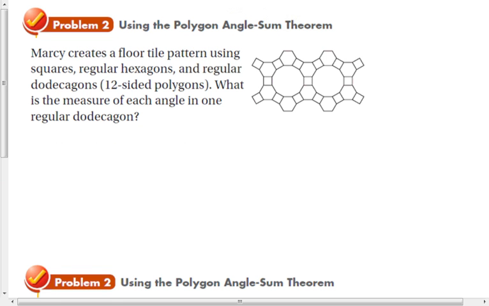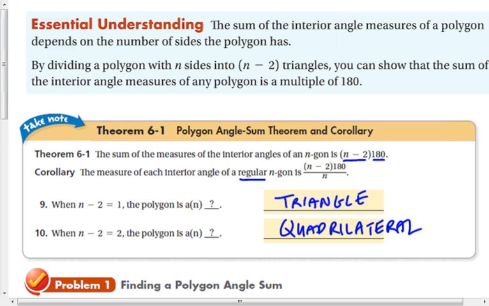All right. Marcy creates a floor tile pattern using squares, regular hexagons, and regular dodecagons, 12-sided polygons. What is the measure of each angle in one of the regular dodecagons? The formula for that, going back to the previous page, is this one. You need to find the interior angles and divide that by the number of angles, since all the angles are the same.